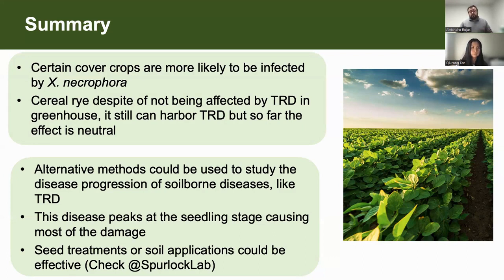We also saw that the disease peaks at the seedling stage. So most of the infection will happen when these plants are growing, and it will cause most of the damage. Plants will keep growing even if they're infected with taproot decline. We see that the severity decreases, and it's probably because the canopy keeps growing, and that increases the values of the NDVI.